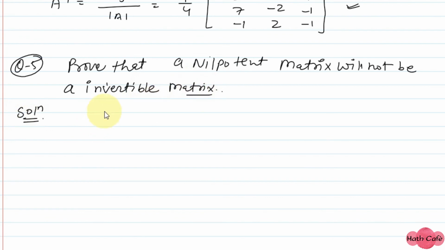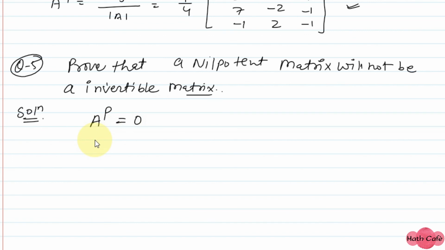So for a nilpotent matrix, as we know, A power p will be equal to 0, where A power p minus 1 is not 0.